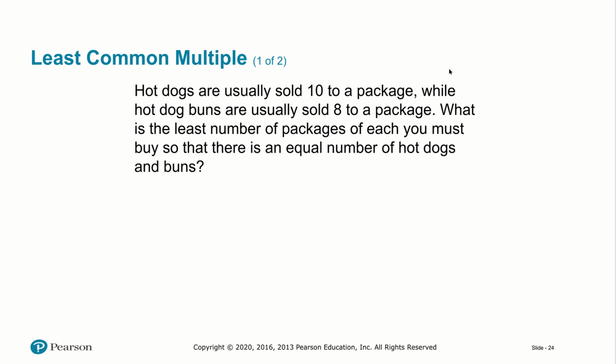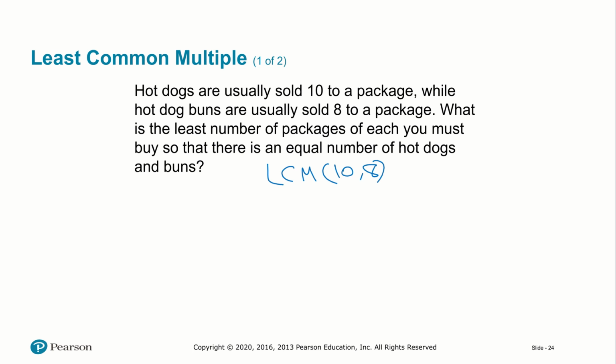problem, right? What we need to do here is find the LCM of 10 and 8. The least common multiple of these two numbers. So what is the smallest number that they both go into?